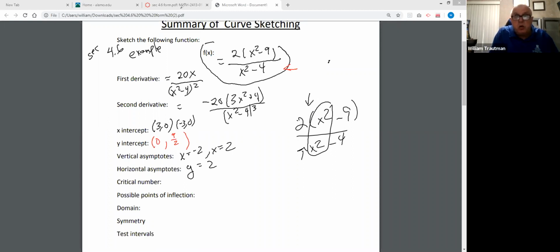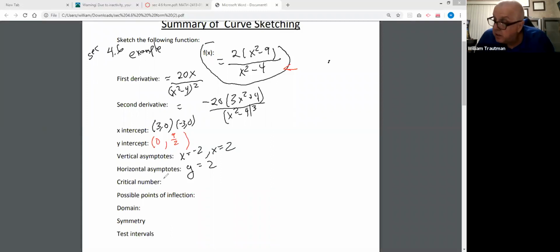Next, we're going to learn something from one of the sections we actually covered. Critical numbers. How do you find the critical number? Now, there's two things I really want to focus on here.